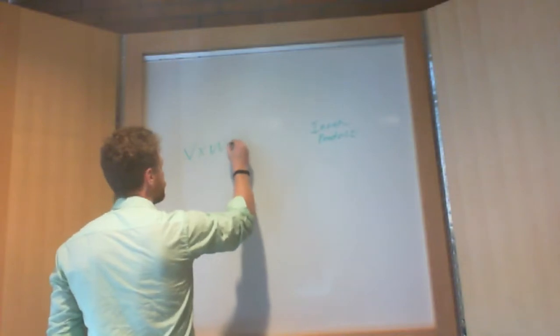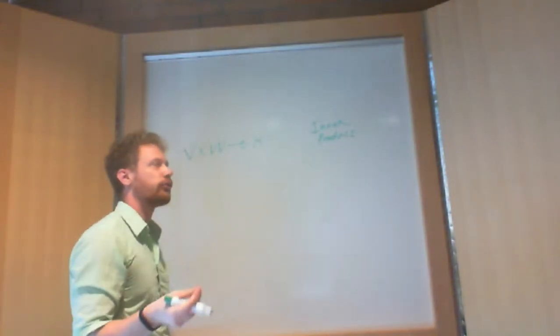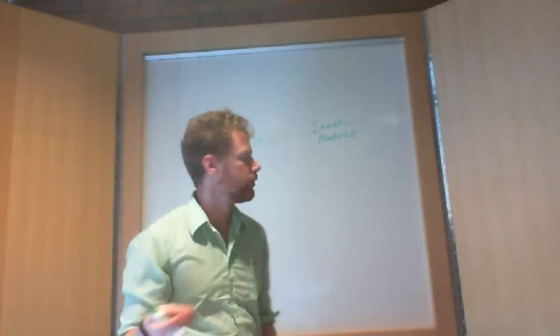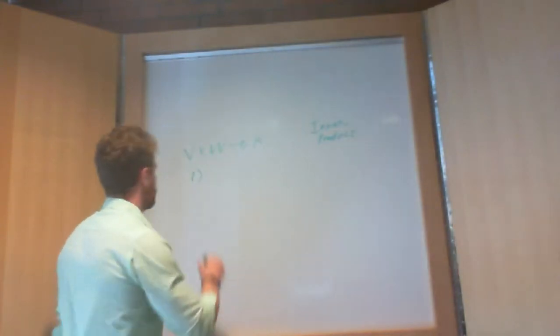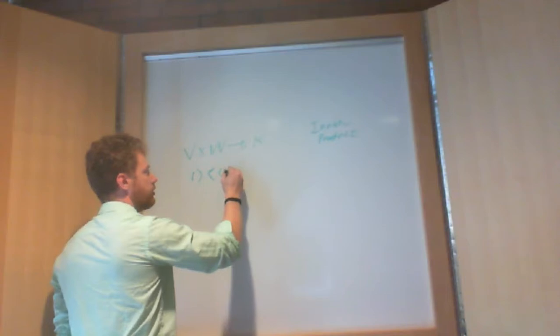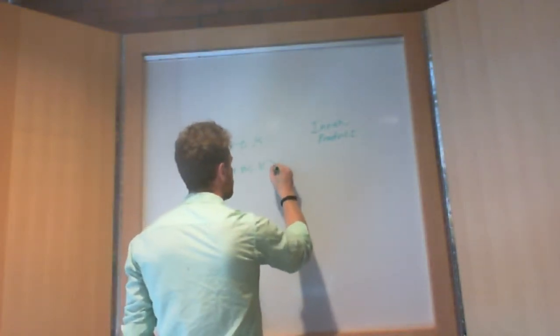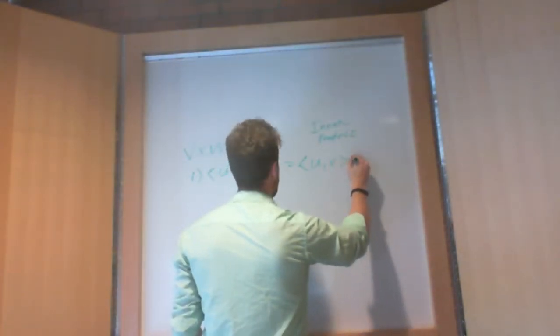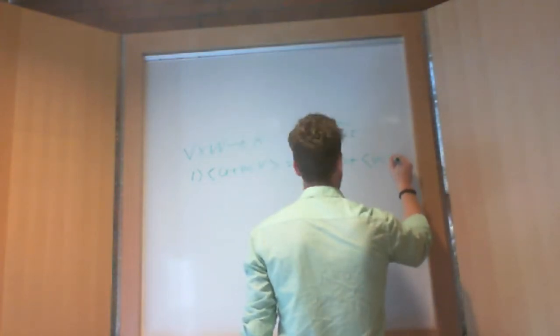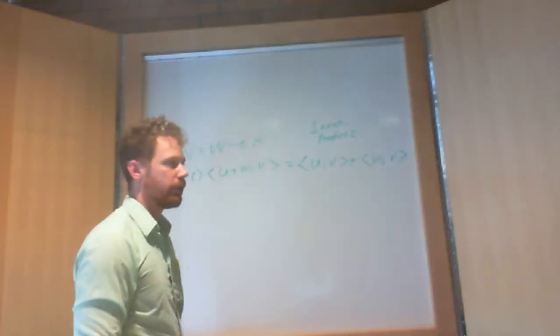The inner product has four properties. The inner product is a bilinear map, and it maps two vector spaces to the field of real numbers K. The first property, using the angle bracket notation, is <u + w, v> = <u, v> + <w, v>, the additive property in the first argument.